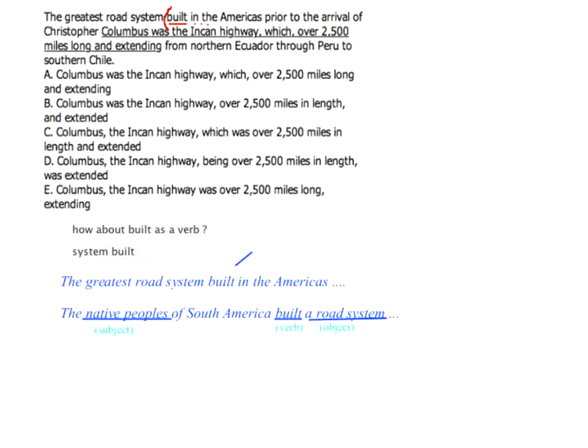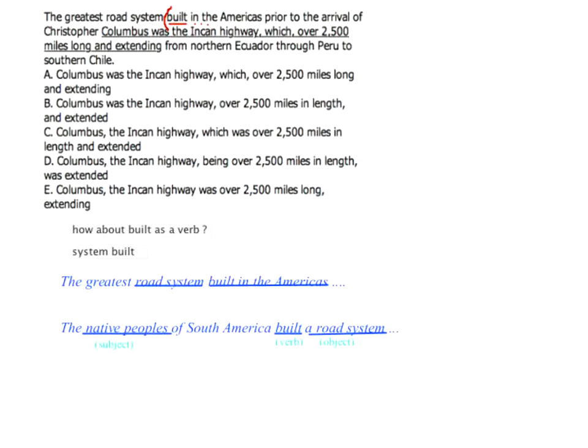Versus this is not a subject and a verb, because clearly a road system did not build anything. So that describes a road system, but the road system didn't do that, which again should be obvious from context. So this is a noun, and then this is something that describes or modifies that noun.